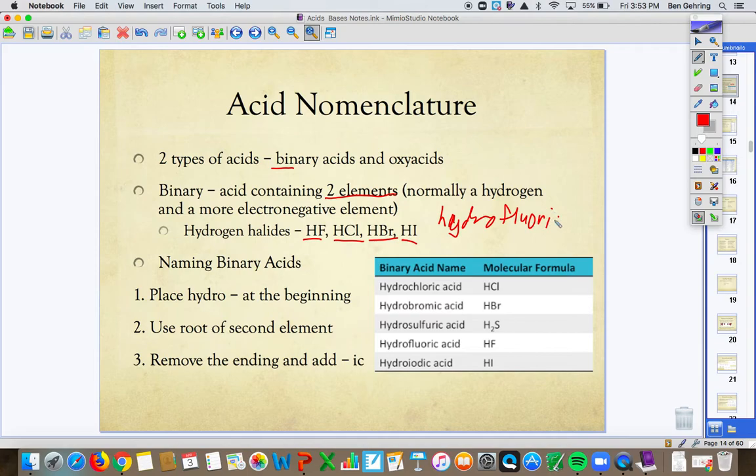So this is going to be hydrofluoric acid. That's HF. We also have HCl. So hydro is the first part. The root word is chlor and end in ic. It's hydrochloric, hydrobromic, hydrosulfuric, and hydroiodic. Those are all binary acids. That's a look at how you go about naming them.